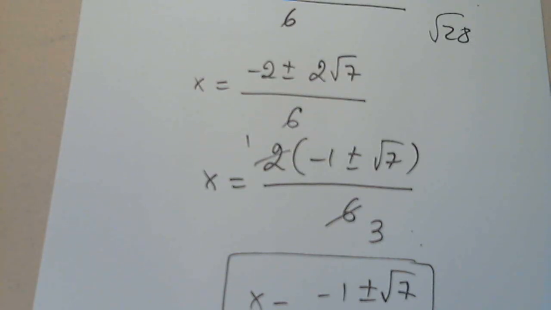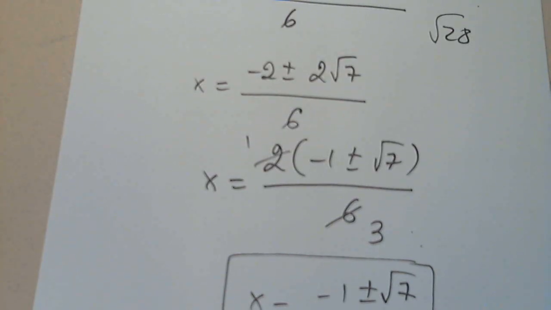Now, 2 different real number solutions. So this one is 2 real number solutions because we have the plus or minus 1. This one also, because we have plus or minus the square root of 8. This one also.